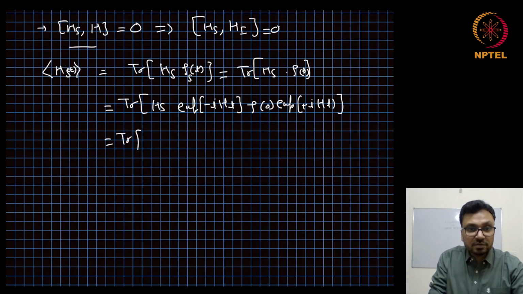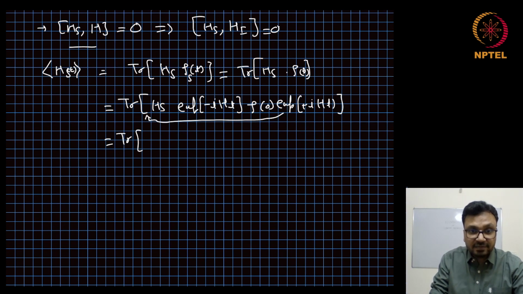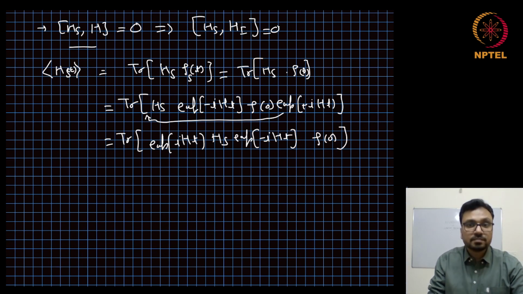And of course, we can use the cyclic property of the operators in the trace. So we can bring this part here, and we get exponential of i H t, Hs, exponential of minus i H t times the rho of 0.